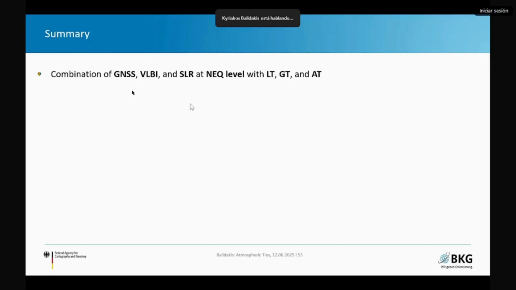Time has passed. So when we combine GNSS, VLBI, and SLR, in the normal equation we can use atmospheric ties in addition to local and global ties. We see that the station coordinate and baseline length precision gets improved if we have tight atmospheric ties. Tight atmospheric ties was 1 millimeter.